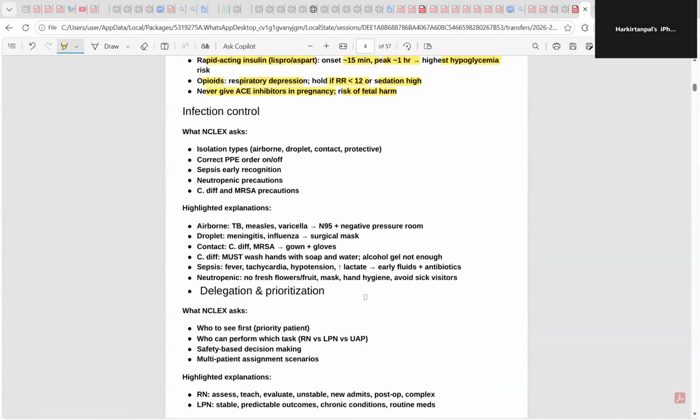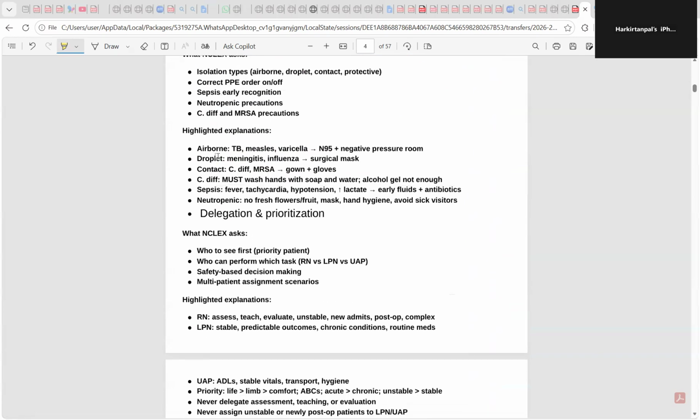And I think infection, you are thorough with it. Airborne infection is mainly tuberculosis, measles, varicella. For airborne infection precautions, what are the things we need to give? N95 mask and negative pressure room, and the door should always be kept closed.